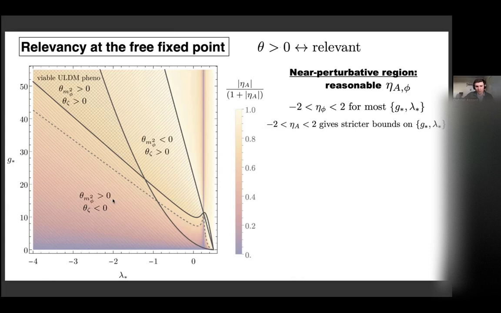And essentially 3 regions where either the mass is relevant and the dimension 5 operator is irrelevant, or the mass is irrelevant and the dimension 5 operator is relevant, or both are relevant at the same time, which is this cross region where the hashes are coming together into little crosses.